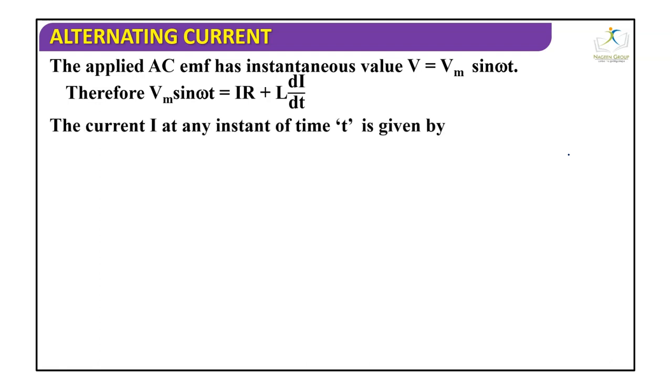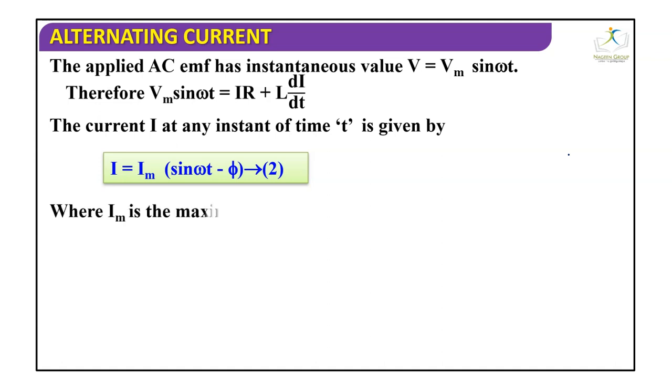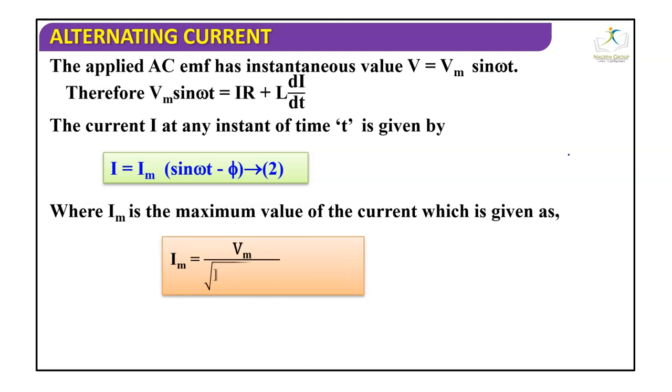The current I at any instant of time t is given by I is equal to Im sin omega t minus phi, which is the second equation, where Im is the maximum value of the current, given by Im is equal to Vm divided by under root R square plus L omega whole square, which is equal to Vm divided by under root R square plus XL square.